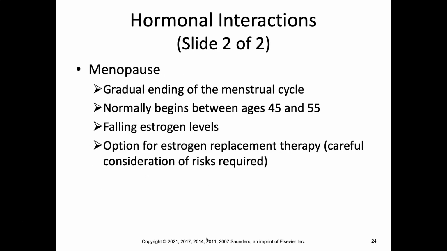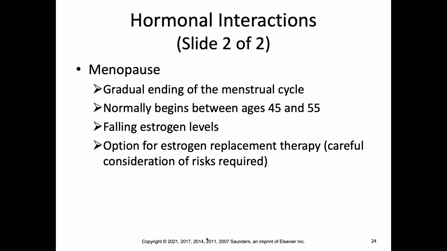What is menopause? Menopause is at the opposite end of the life spectrum, so to speak. It's the gradual ending of the menstrual cycle. It normally begins between ages of 45 and 55 with falling estrogen levels. There are women who do estrogen replacement therapy, but there are a lot of risks associated with estrogen replacement therapy, particularly breast cancer.